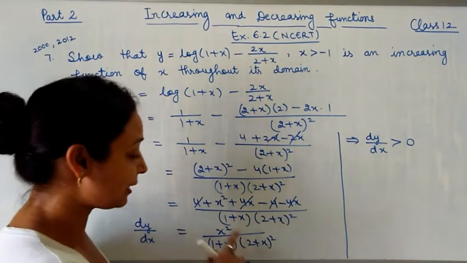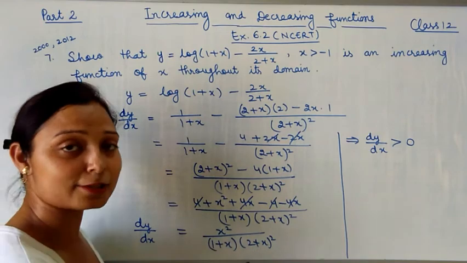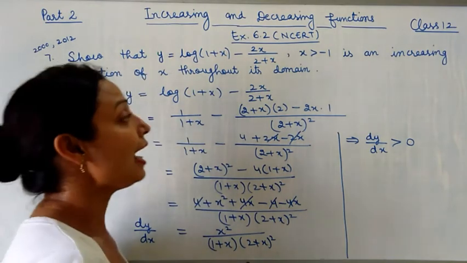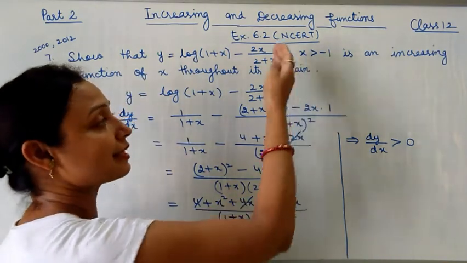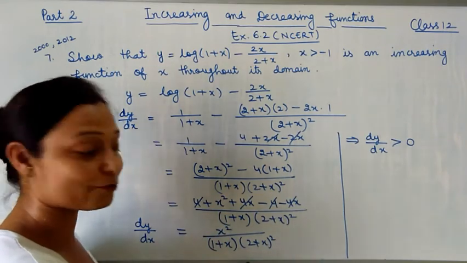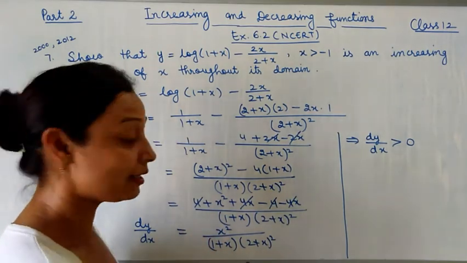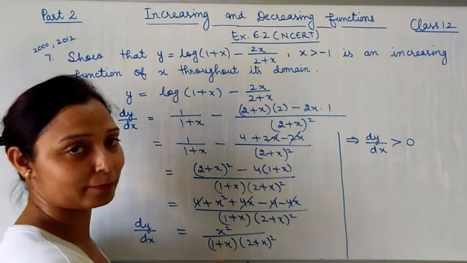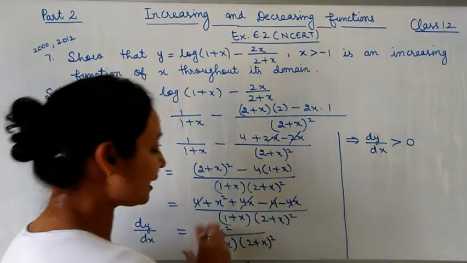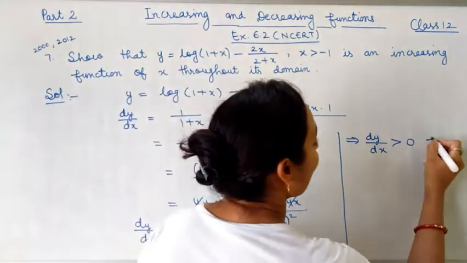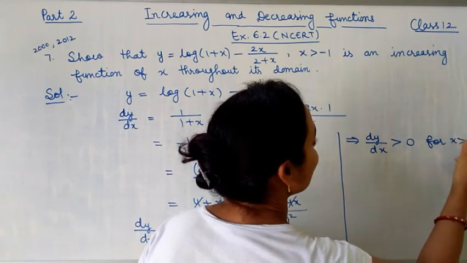I will repeat again, both of these are positive quantities because they are squares, and the condition on x is x greater than minus 1, so you have to put values greater than minus 1. That gives a positive value of 1 + x. So that means the derivative is greater than 0 for x greater than minus 1.